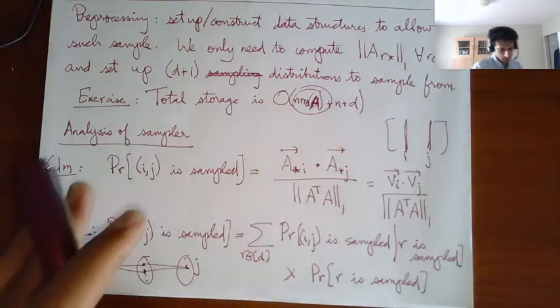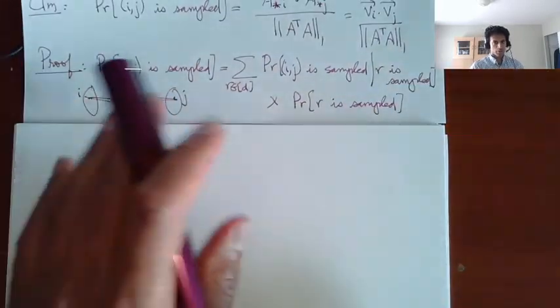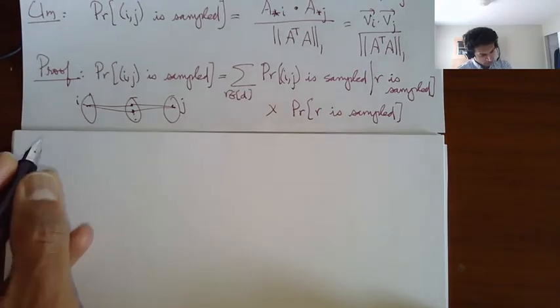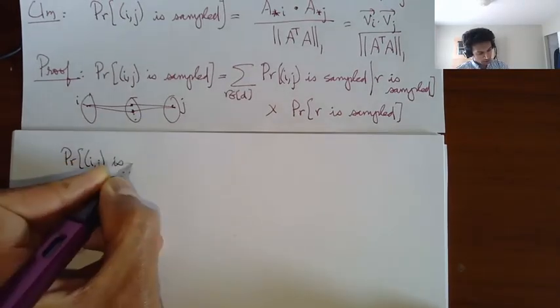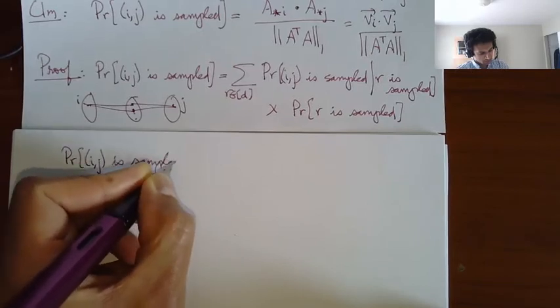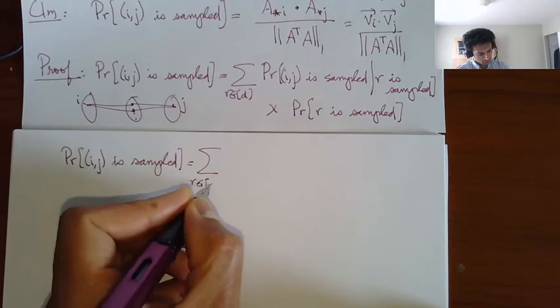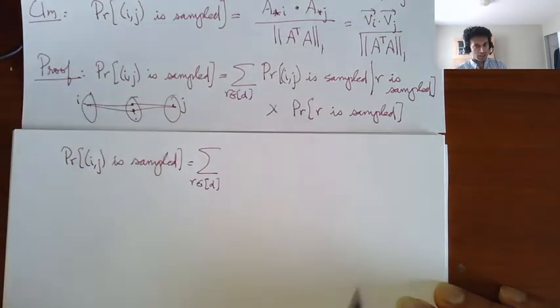Okay. So let me just keep this expression over here. And so now it's just a matter of cranking out the expressions for the probability that ij is sampled. Okay, so first, these are independent, right?